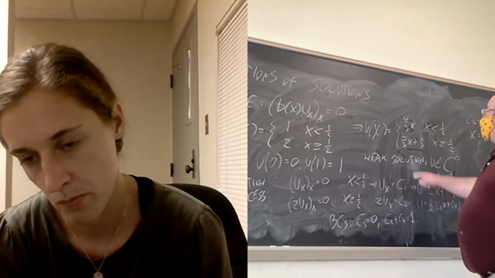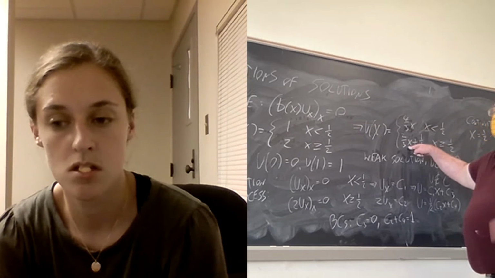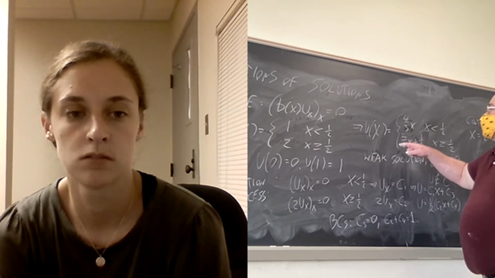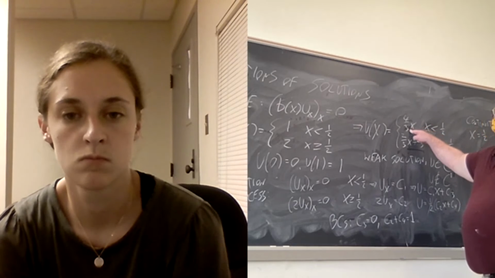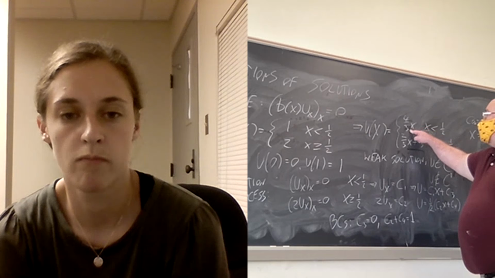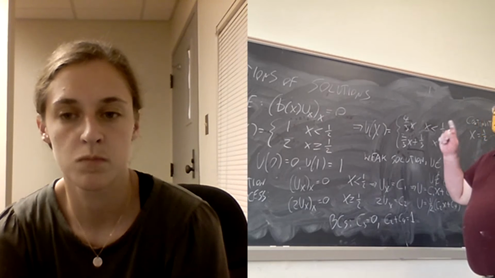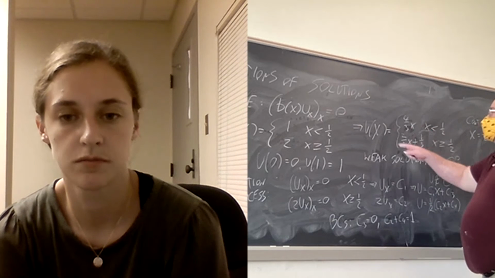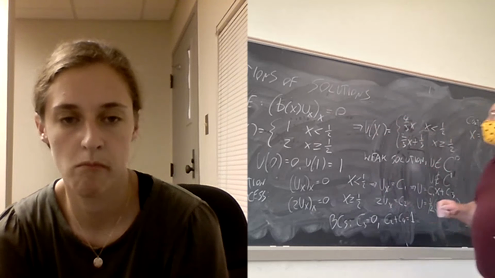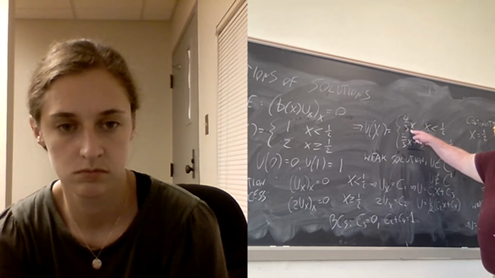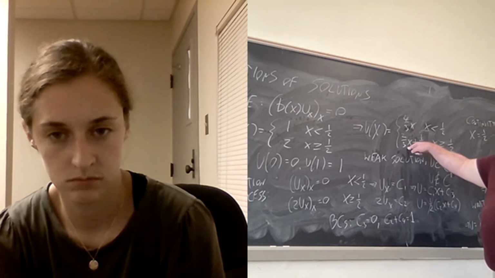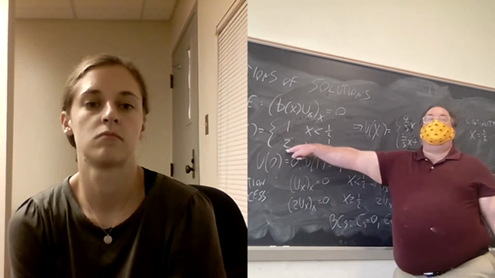Suppose I multiply this by b, then I would have 4/3 x over here. And sorry, I don't multiply this by b. I take ux multiplied by b. Then I have 4/3 in this piece and 4/3 in this piece too, because I'm multiplying by 2.